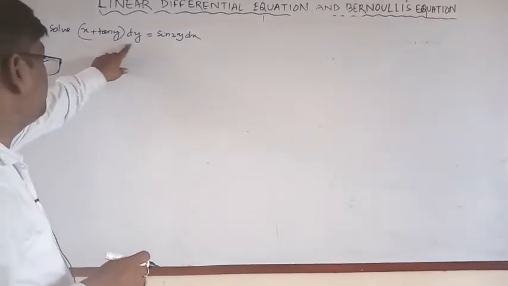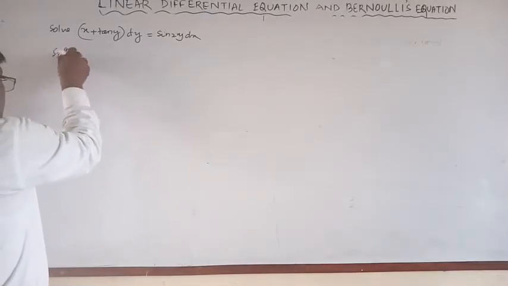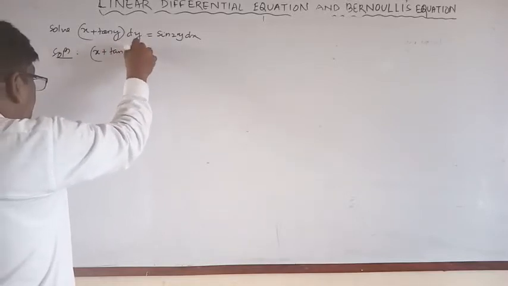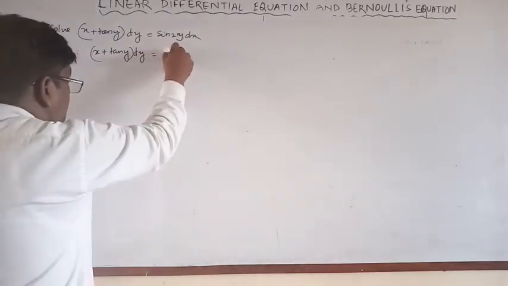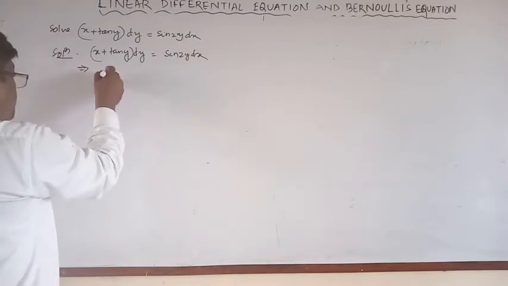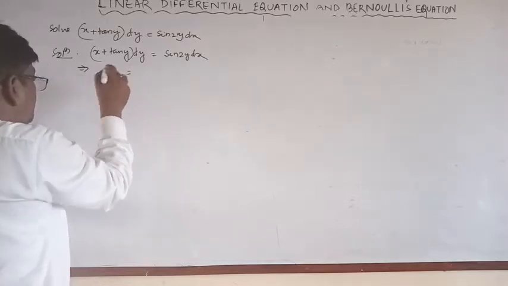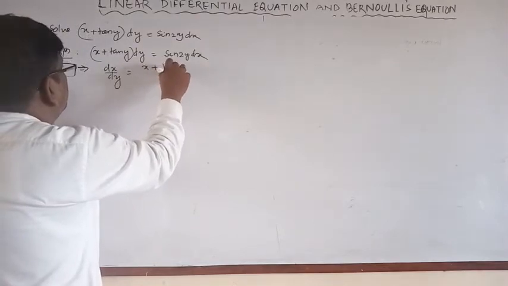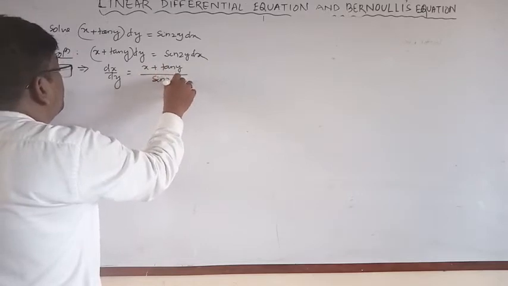Solve (x + tan y) dy = sin 2y dx. Now the solution: (x + tan y) dy is equal to sin 2y dx. This implies dx/dy is equal to (x + tan y) divided by sin 2y.